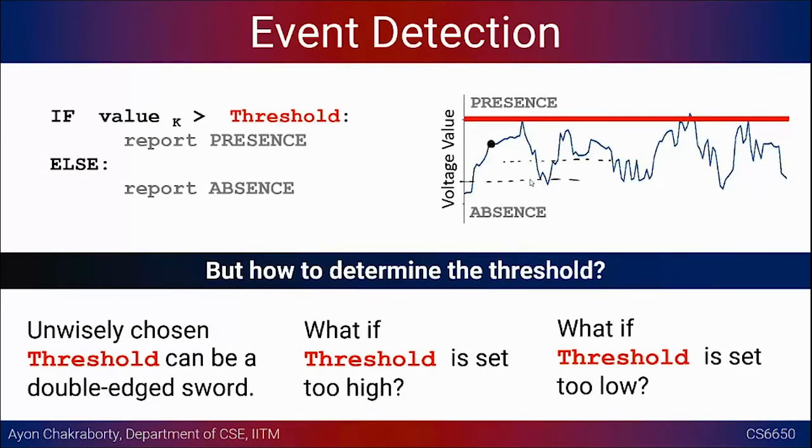Can somebody tell me what happens if we choose the threshold to be very high, or what happens if the threshold is set to be too low? Can somebody give some light on this? Yeah, when we set it low, even for a small change we will get presence equal to true.